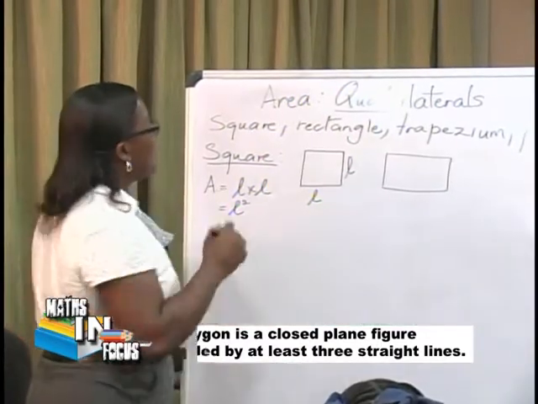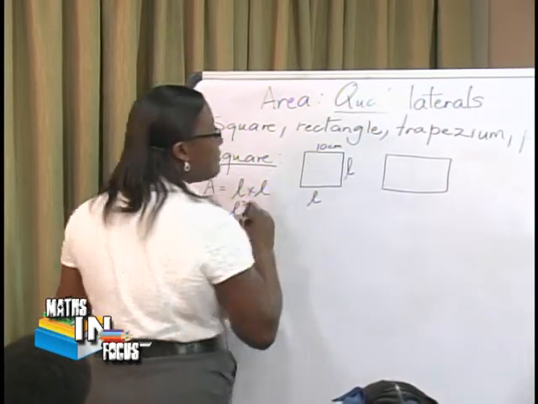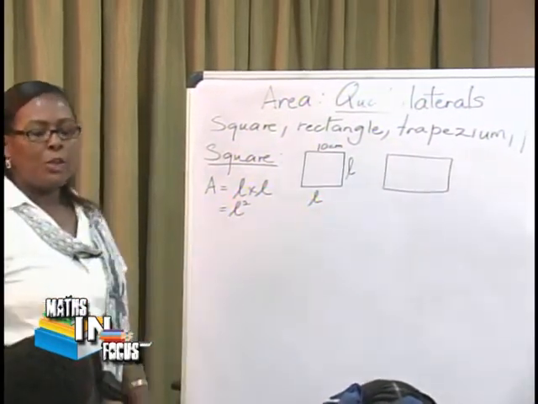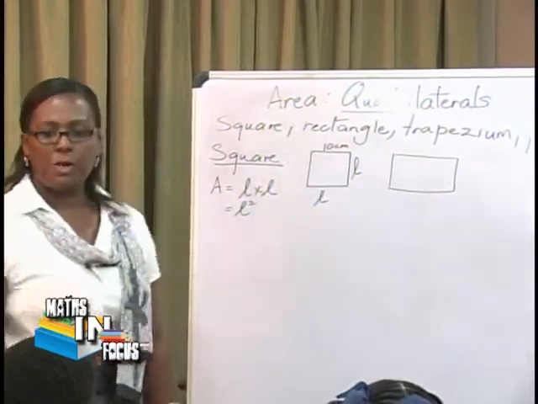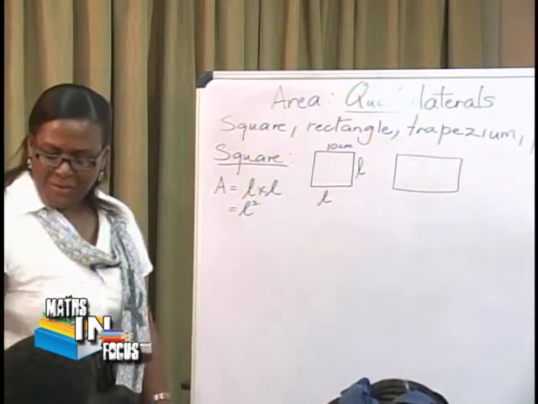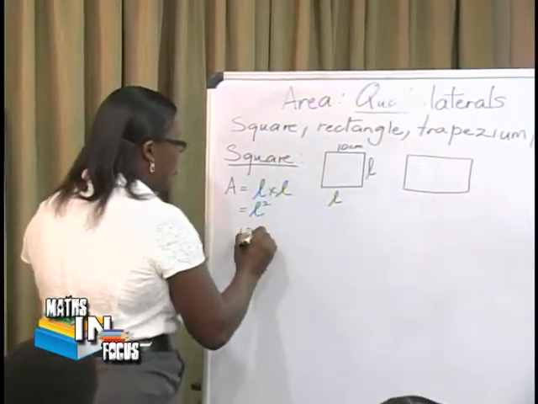Okay? Now let us say I come here and I put here 10 cm. And I ask you, without computing, tell me the area of this square. What would it be? 100. Oh, Quincy, you're there today. The area of this square would be 100 cm squared. How did Quincy come up with that, Neon?